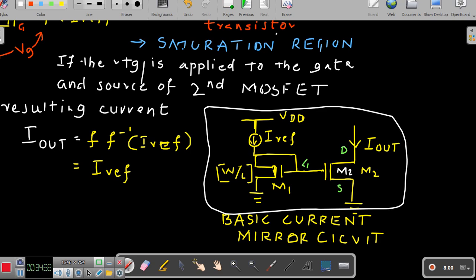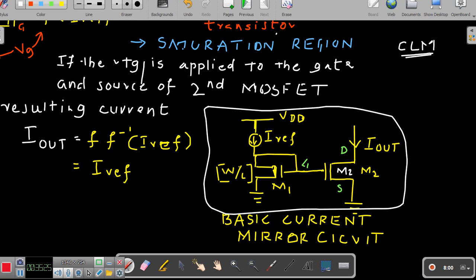equal current. Here one important parameter is that I have mentioned something about the channel length modulation effect in one of my earlier presentations. I will come back to this, right? We have neglected the effect of the channel length modulation, but before understanding what we mean by neglecting it, we should first know what exactly is the meaning of the channel length modulation.